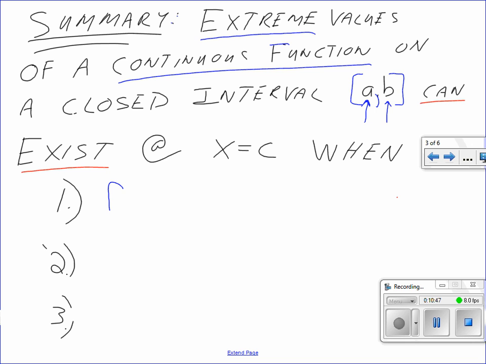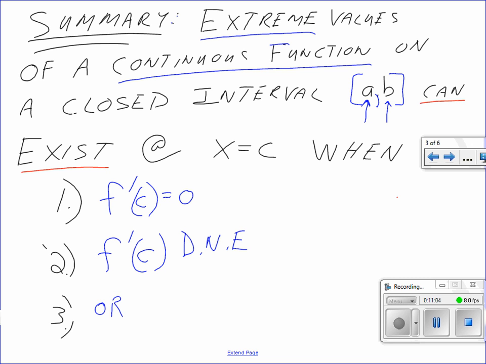Well, if it's an interior point and the derivative exists, well, the derivative is equal to 0. If it's an interior point and the derivative does not exist, remember, like the absolute value, that also might be a case. Or, well, maybe it's not an interior point, or C is an endpoint.